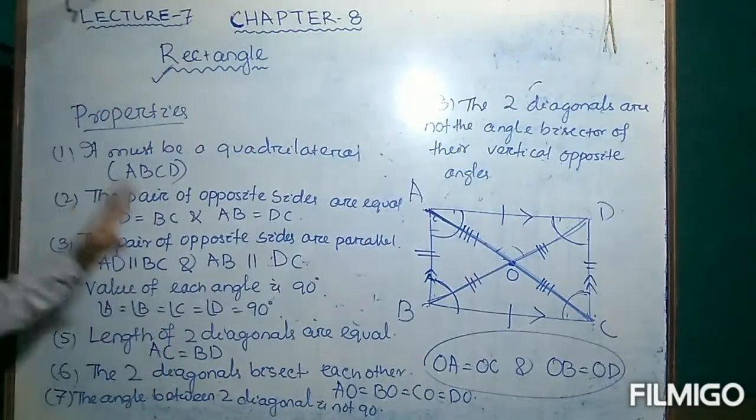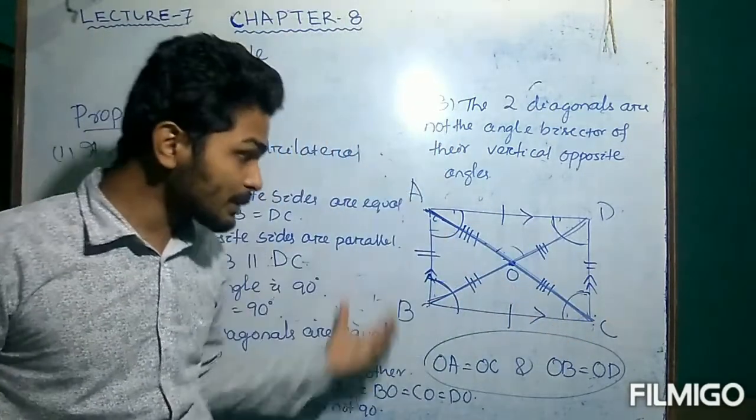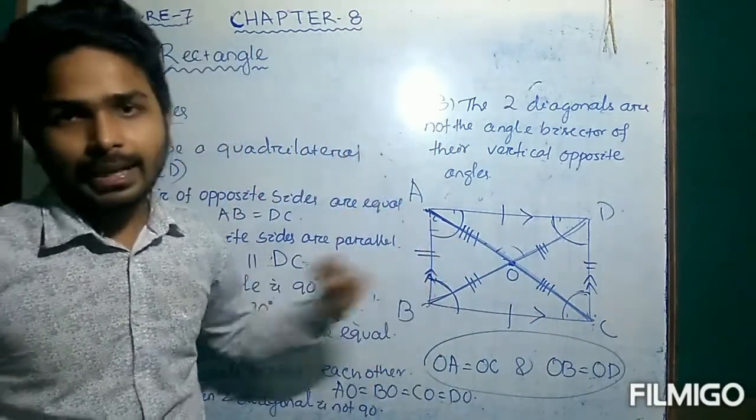Understood? So these are the 8 most important properties of a rectangle, and a quadrilateral must follow all these properties in order to be a rectangle.